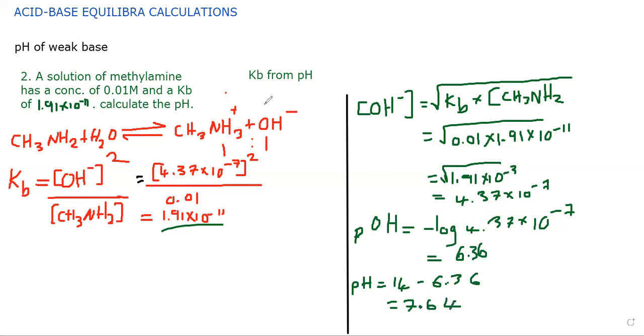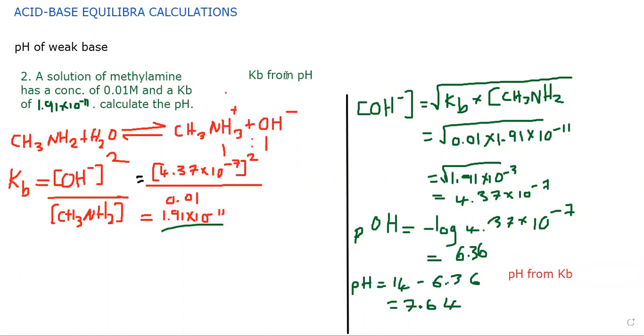So if you are given, so this one we want Kb from pH. No, this one is pH from Kb. All right, so this is what you do when I want pH from Kb.